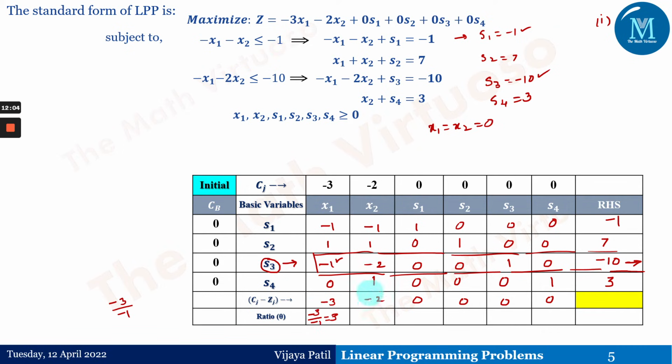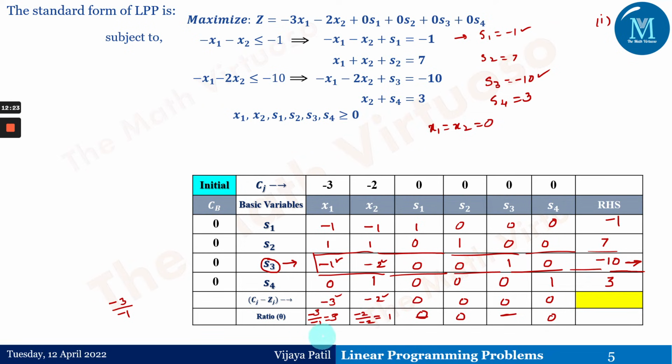Then the next value is minus 2 upon minus 2, that is coming out to be 1. Then this is nil, or you can say 0 here. This also is 0.